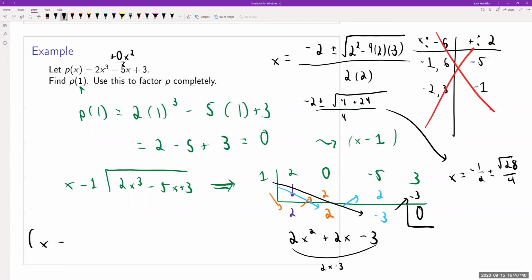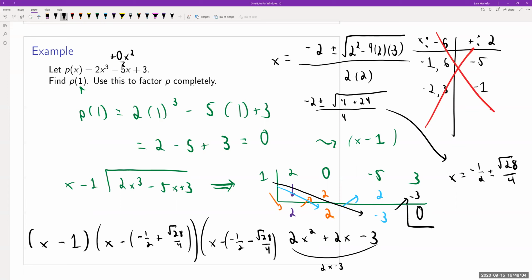X minus 1 is the first factor. X minus negative 1/2 plus root 28 over 4. And then x minus negative 1/2 minus root 28 over 4. We'll just include each of these two roots as its own factor. And there we go.